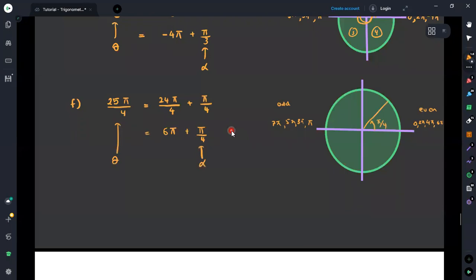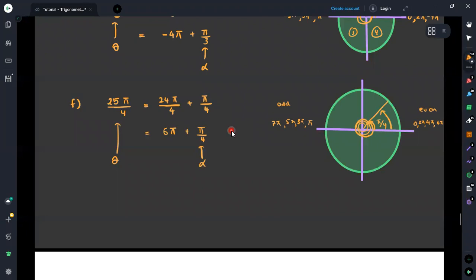It is because if you are measuring the angle, one round is 2π, second round 4π, then it is 6π plus π over 4. We are getting the angle, therefore the associated acute angle would be π over 4.